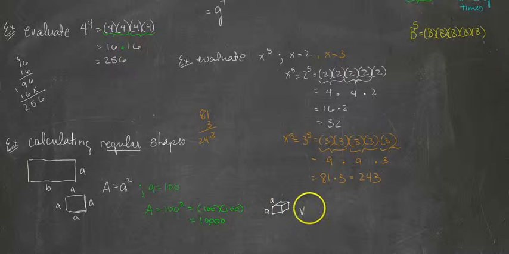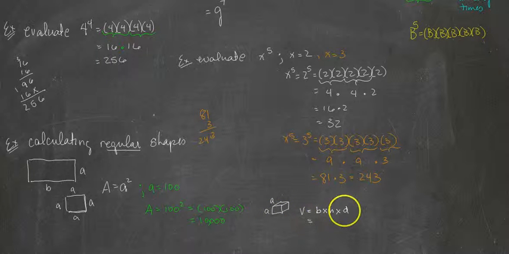Well, the volume of a cube is base times height times depth. But in a cube, the base, the height, and the depth are all the same. So that would be A times A times A, which is the same thing as A cubed.